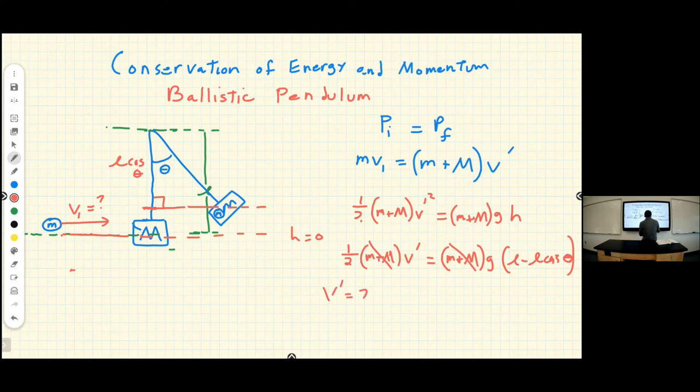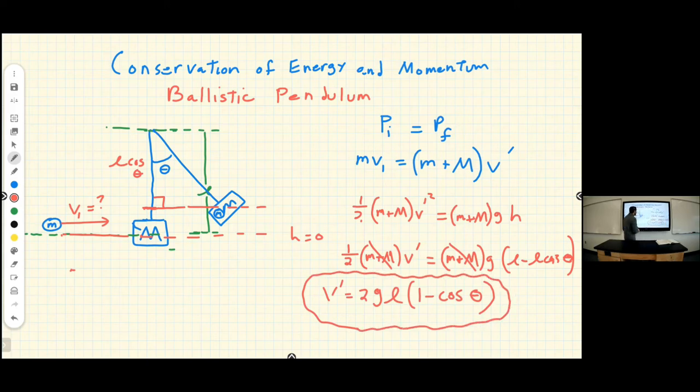And we get 2g. And you could pull the L out if you like and get 1 minus cosine of theta there. So this is the speed that the bullet and block combination have after the collision.